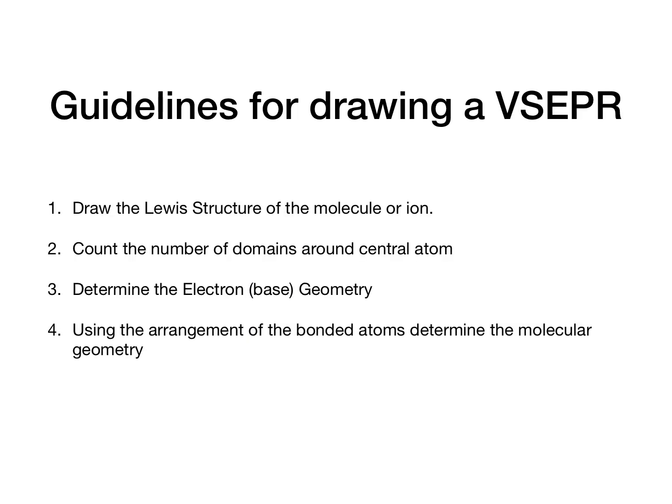So the guidelines. First, draw the Lewis dot structure. To do that, you will determine the valence electrons. Then you will connect. You will create octet on the outer, octet on central.